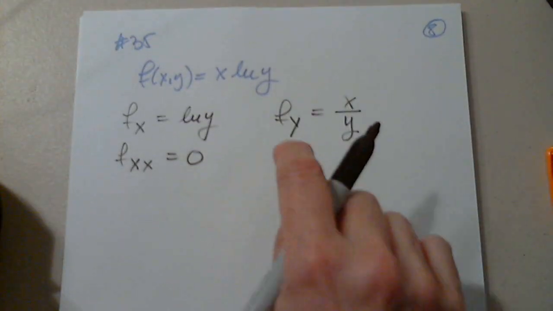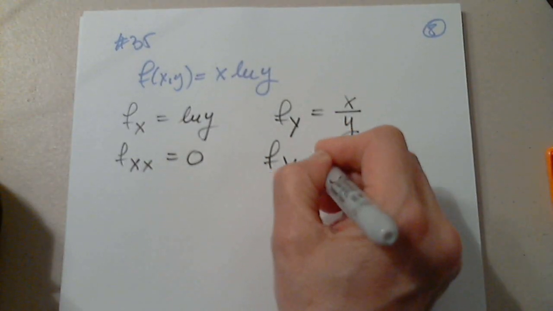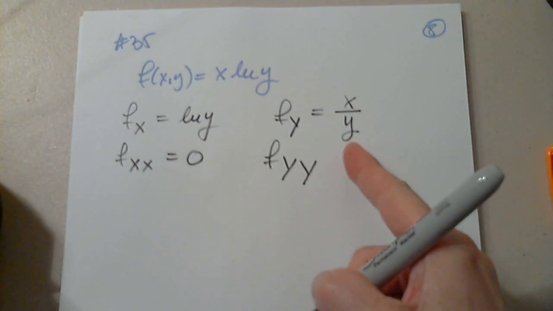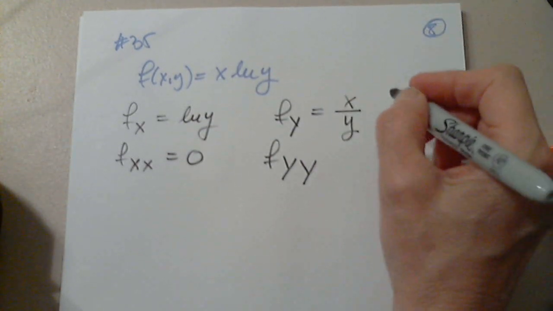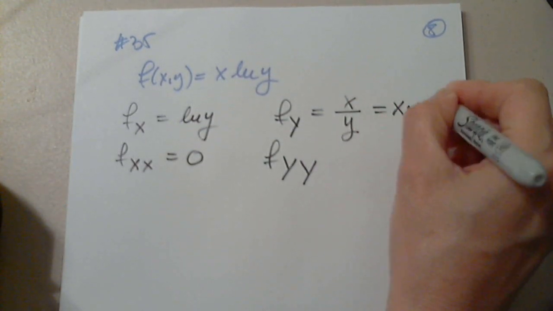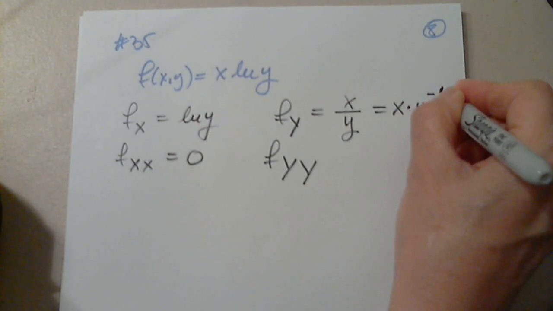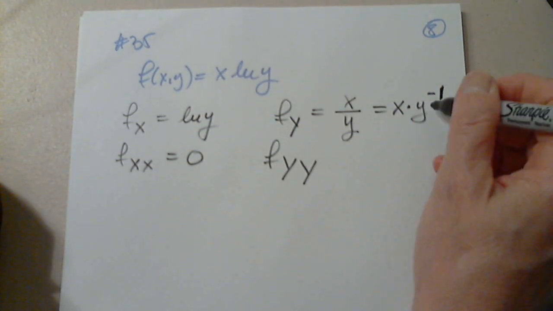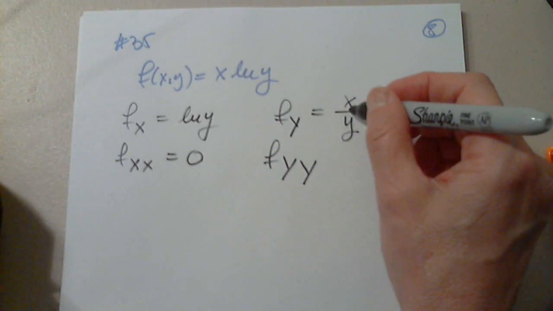Excellent. I want to differentiate this with respect to y. Again, I have to be careful. I recommend changing this into x times y to the -1, because it may get confusing if you use the quotient rule.